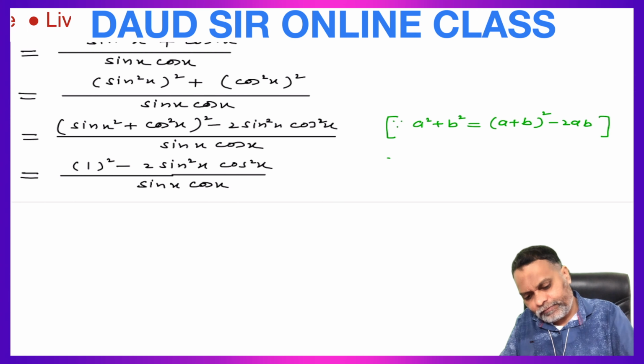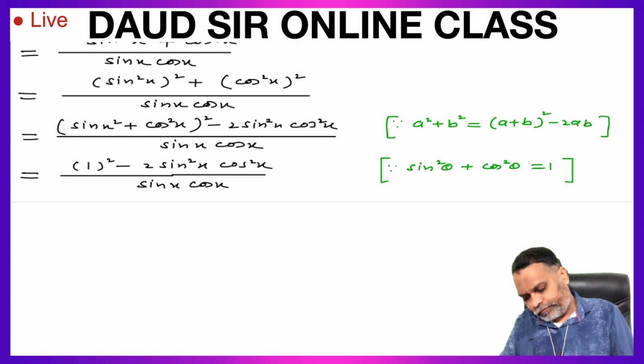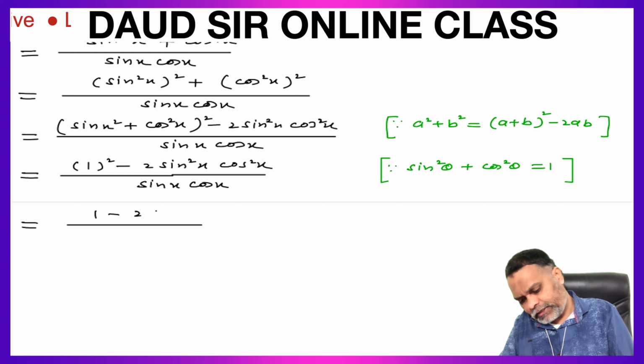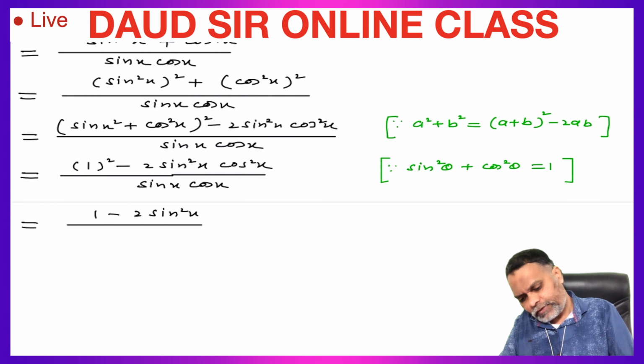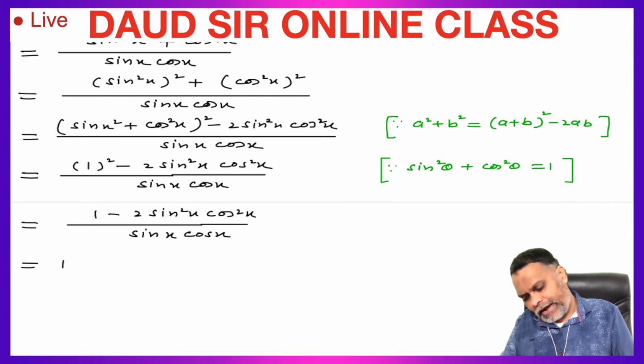Here we applied the Pythagorean identity: sin square theta plus cos square theta is equal to 1. This we applied here, which is equal to 1 square, 1 minus 2 times sin square x into cos square x upon sin x into cos x. So which is our right hand side.